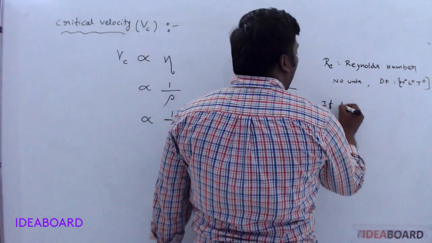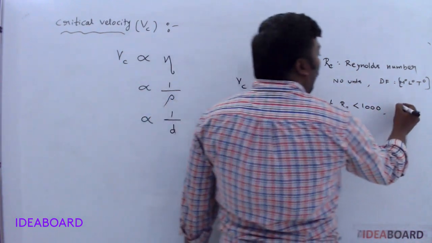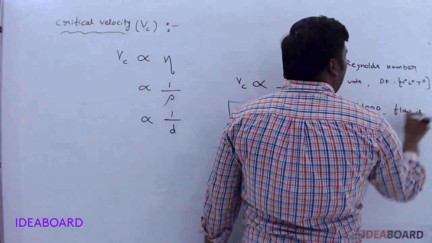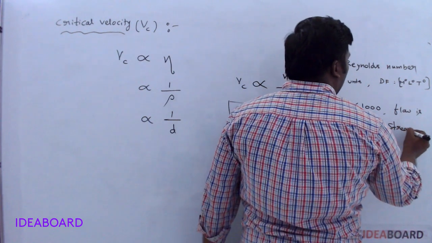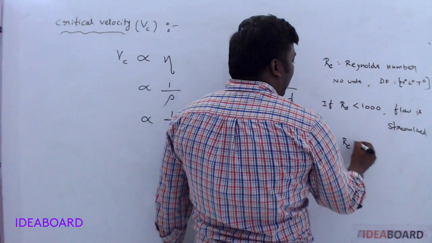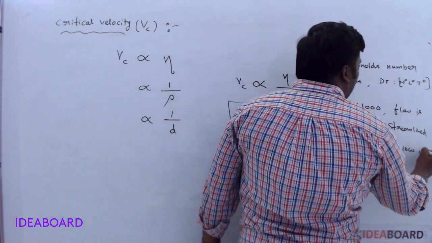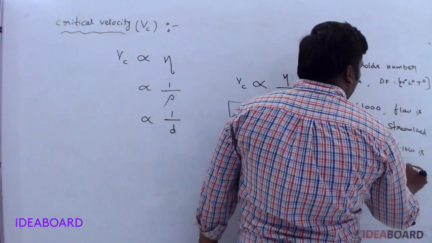If Re is less than 1000, then the flow is streamlined. If Re is greater than 2000, the flow is turbulent.